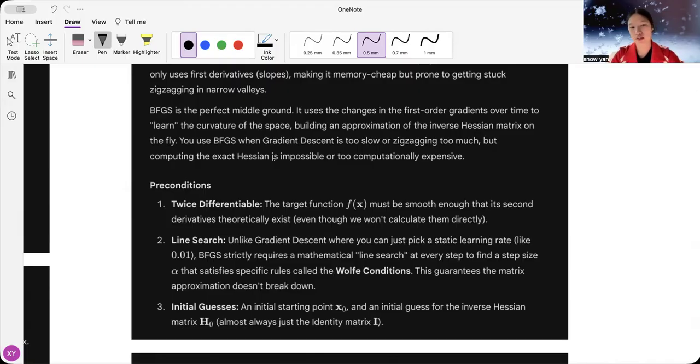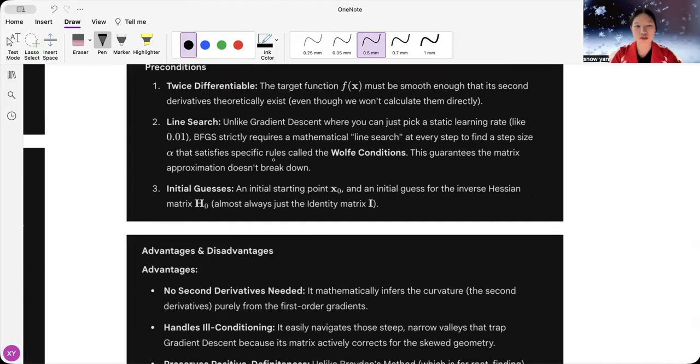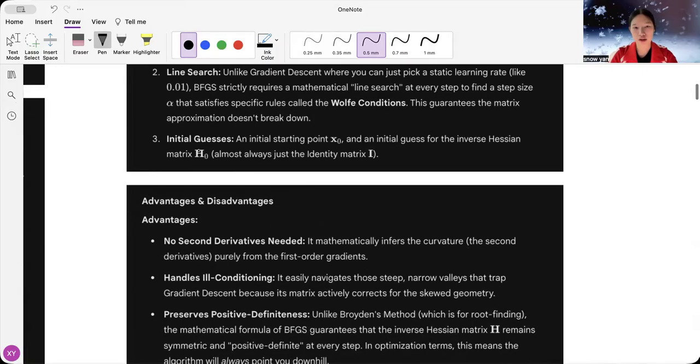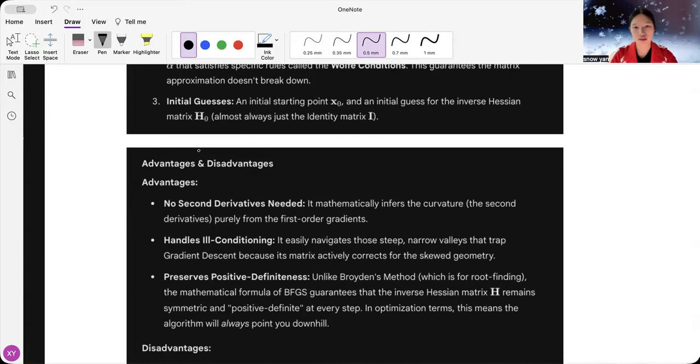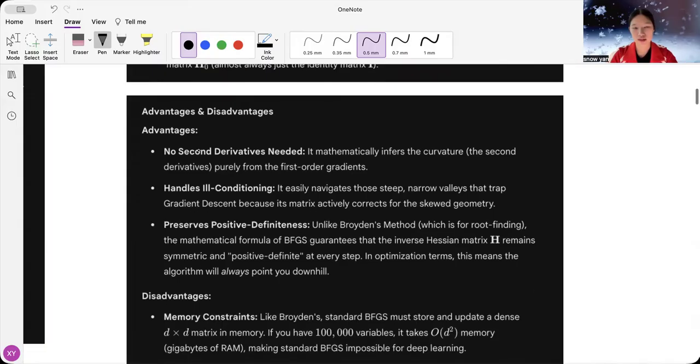Some of the preconditions it requires are that the second derivative exists, differentiability, a line search, and an initial guess, and the Hessian, the inverse Hessian. So we don't necessarily need the second derivative, but we do build it up.